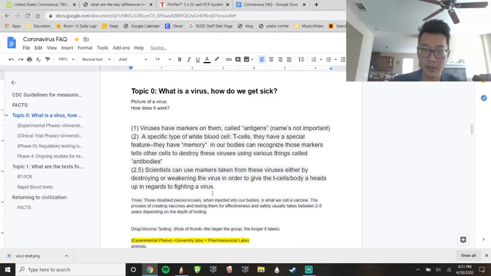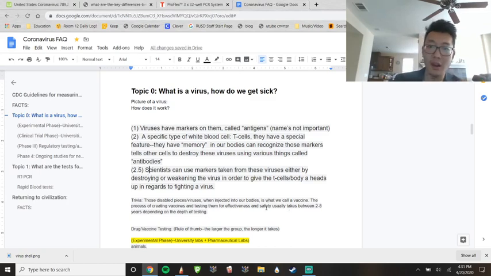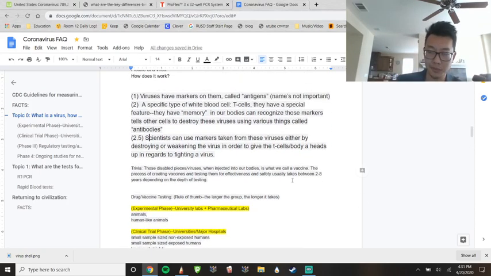It's important because we can, as scientists, use these markers taken from viruses, either by destroying or weakening the virus. We can then basically insert those destroyed pieces into a body so our T cells are prepared for fighting this virus long before the virus actually gets there. It's basically like sending an early message.